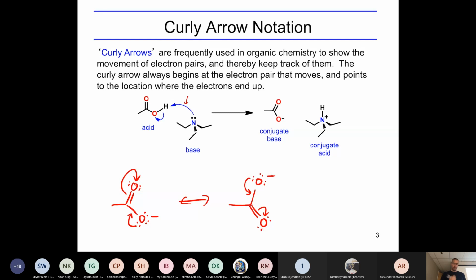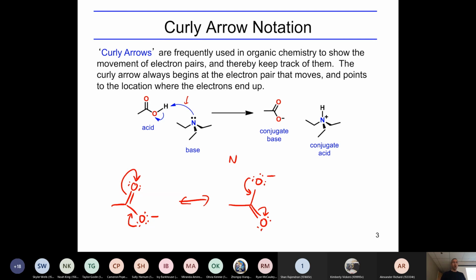I think of it a little like the nitrogen is a frog, the pair of electrons is his tongue, and the hydrogen's a fly, and it zips out, grabs it, and zips back. That's not how it happens. Electrons don't fly out and gather things and pull them back in. But the way I'm drawing it, it's going to the hydrogen, forming a bond, and you have a new bond there.